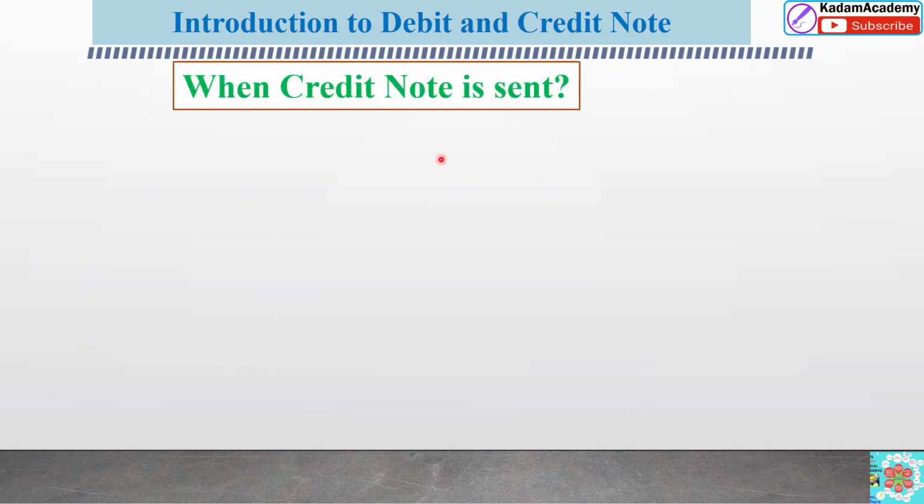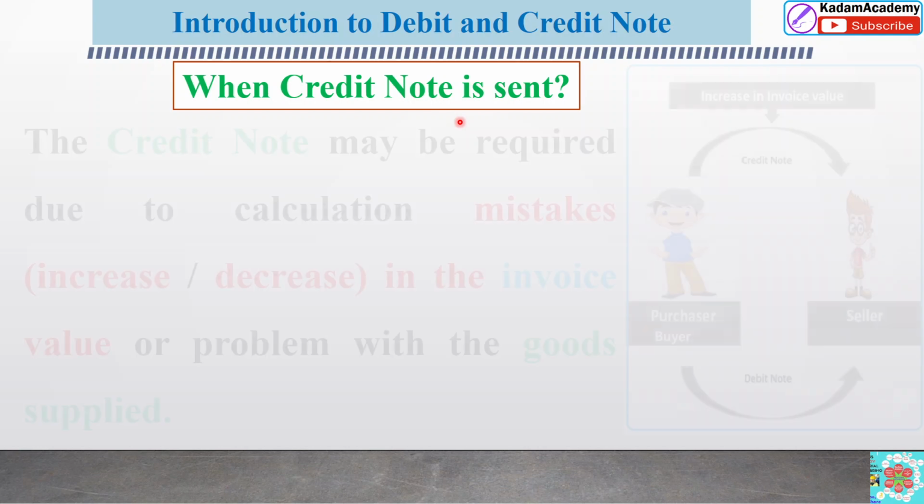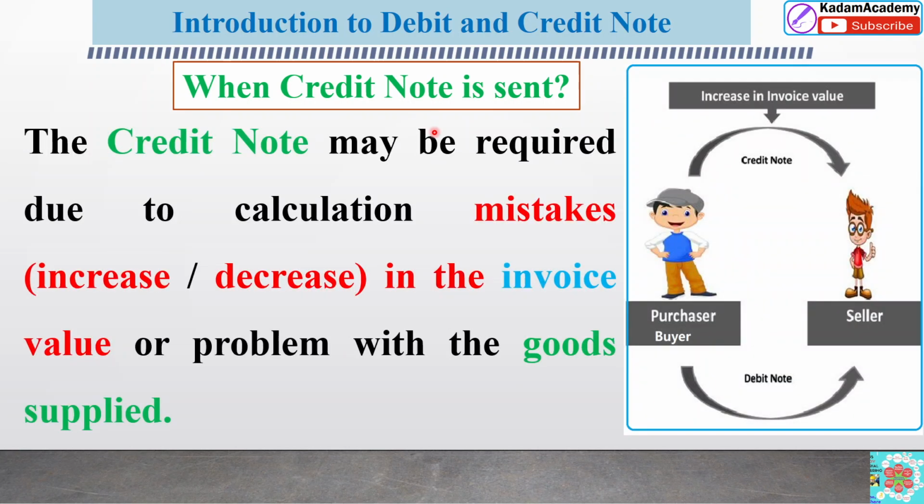So friends, when a credit note is sent, that question arises in your mind. Now we'll see when it is sent. The credit note may be required due to a calculation mistake.